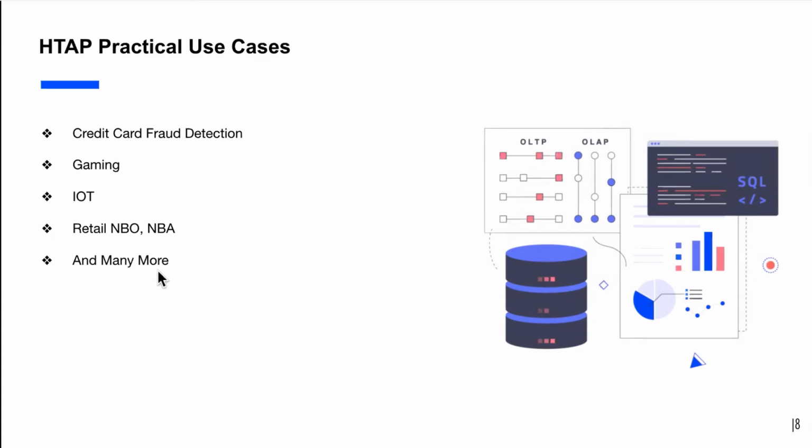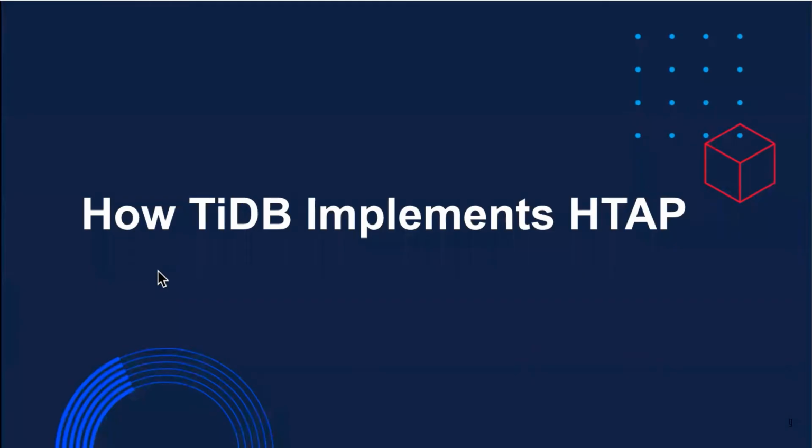So there's a lot to be left to the imagination there on what you're trying to do. So that is what we're trying to solve here at TiDB with our HTAP solution.